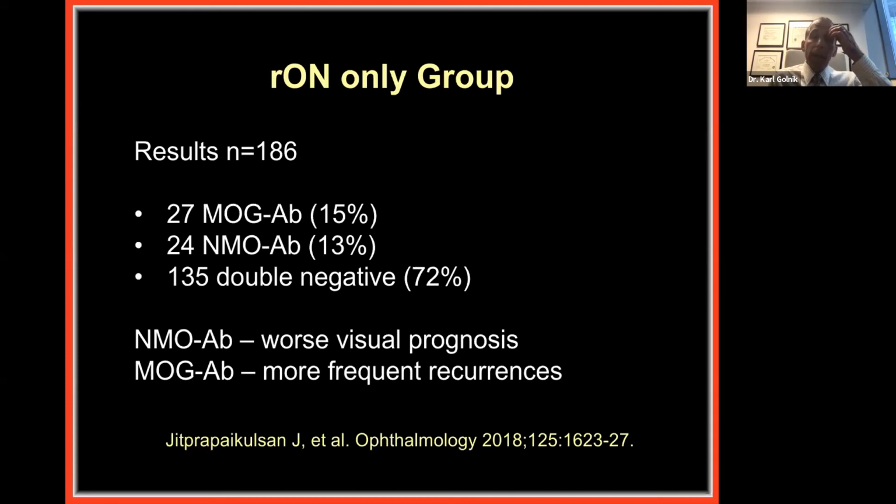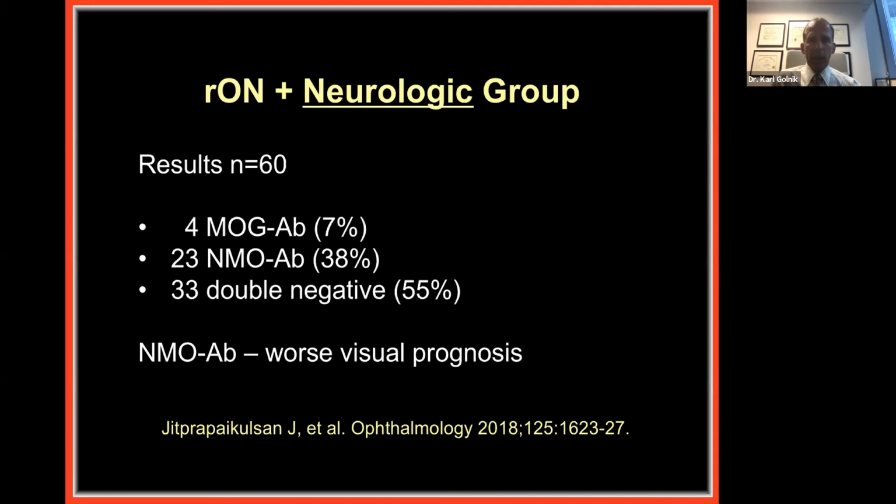When they looked at the 186 with just the vision problems, this percent was still pretty high. About 28% had one of these two antibodies. They found that these patients with NMO had a worse visual prognosis, but the MOG patients had more frequent recurrences. When they looked at the other group, the 60 with the neurologic symptoms, as you might imagine, more of these patients were positive. In fact, 38%, more than a third, were positive for the NMO antibody, and only about 7% for MOG.